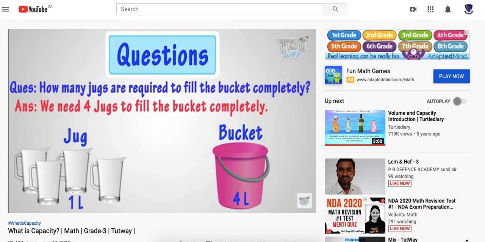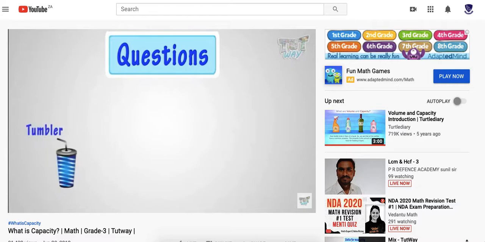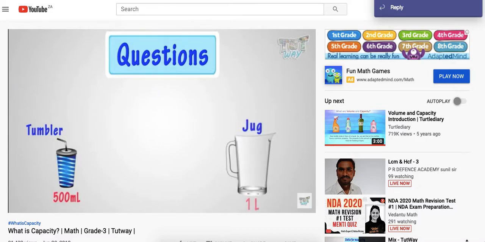Let's move on to the next question. Capacity of 1 tumbler is 500 milliliters. And capacity of this jug is 1 liter.